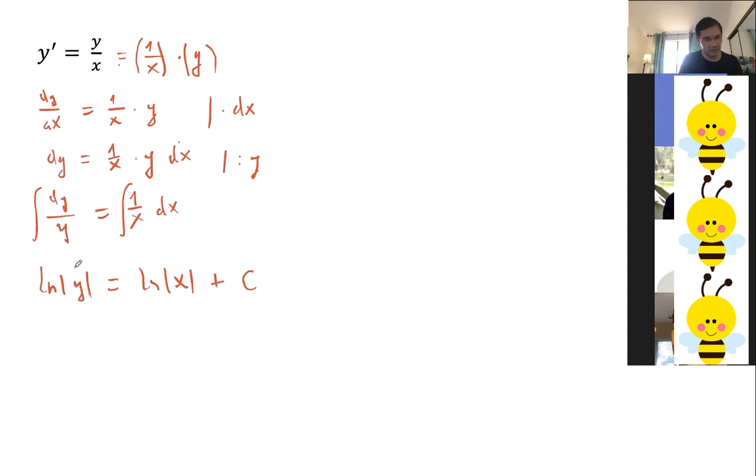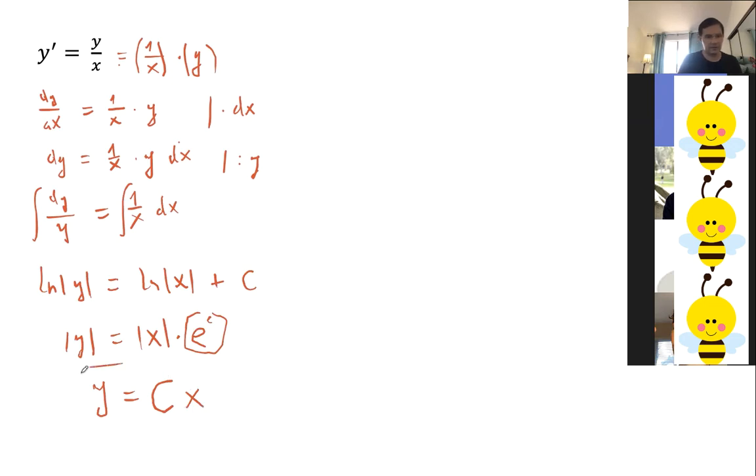I get e to the this expression, absolute value of y equals e to the this expression, absolute value of x times e to the c. But then I can replace this by any constant a. And when I skip the absolute values, I get that y is equal to essentially some new constant c times x.